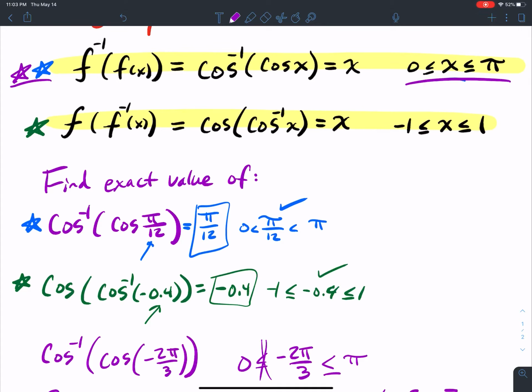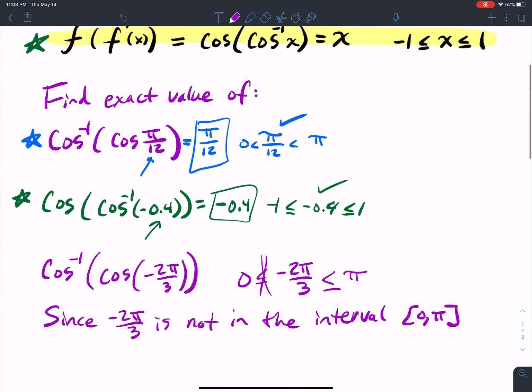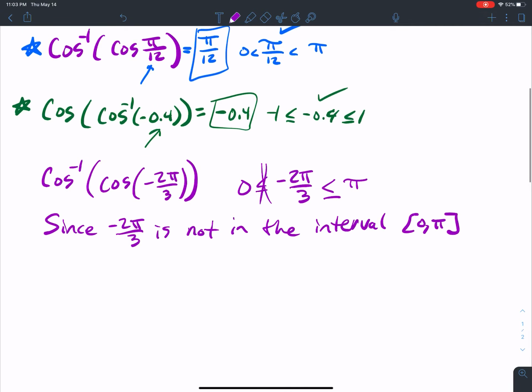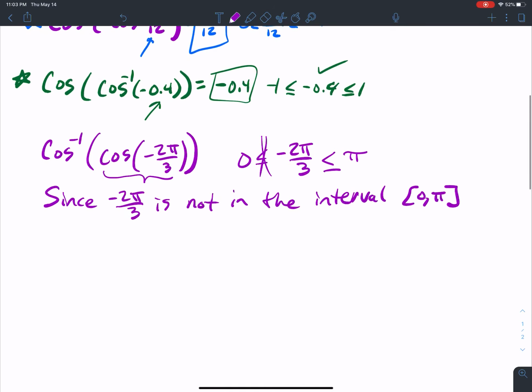Okay, so what do we do with that information? Well, we try to see if there is something equivalent going on here. So let's look at cosine 2 pi over 3. Now you think about the unit circle.